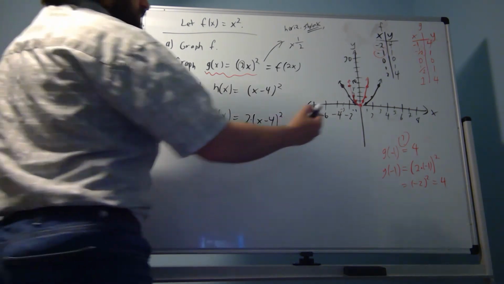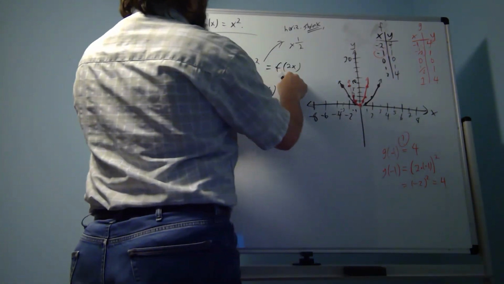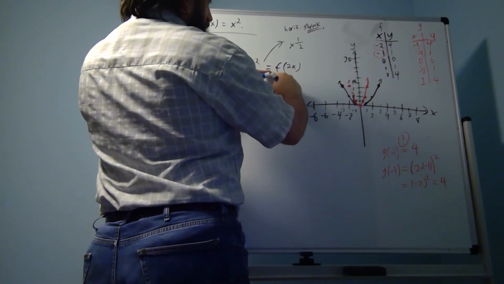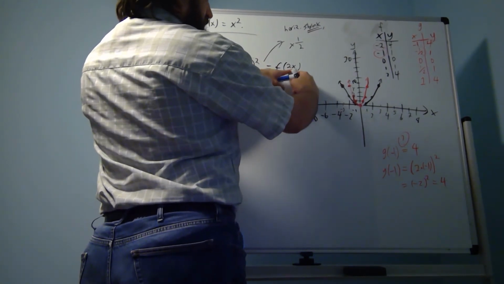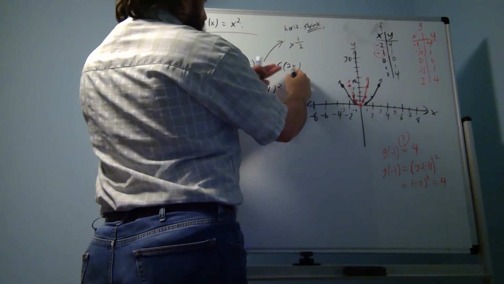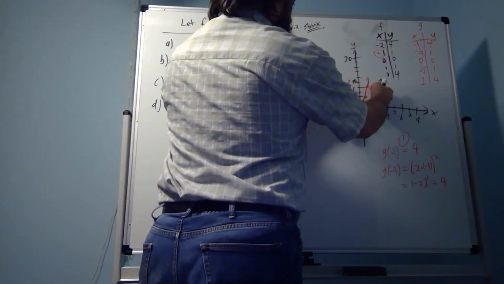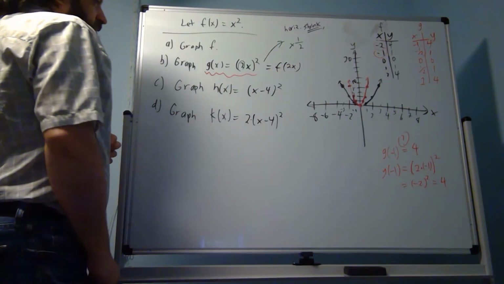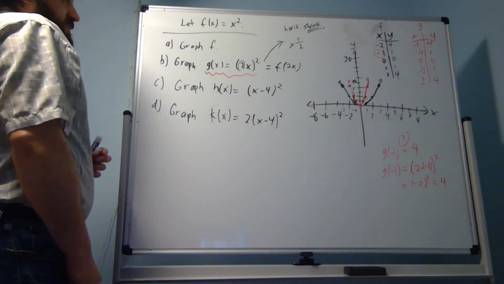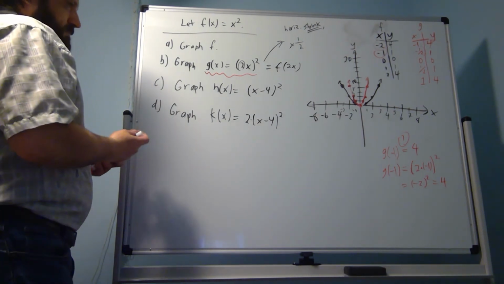So multiply the x's by 2, it's not multiplying the y's, that would be out here. If g of x multiplies the x's by 2, then you need x's that are half as big to get the same y values back out again.